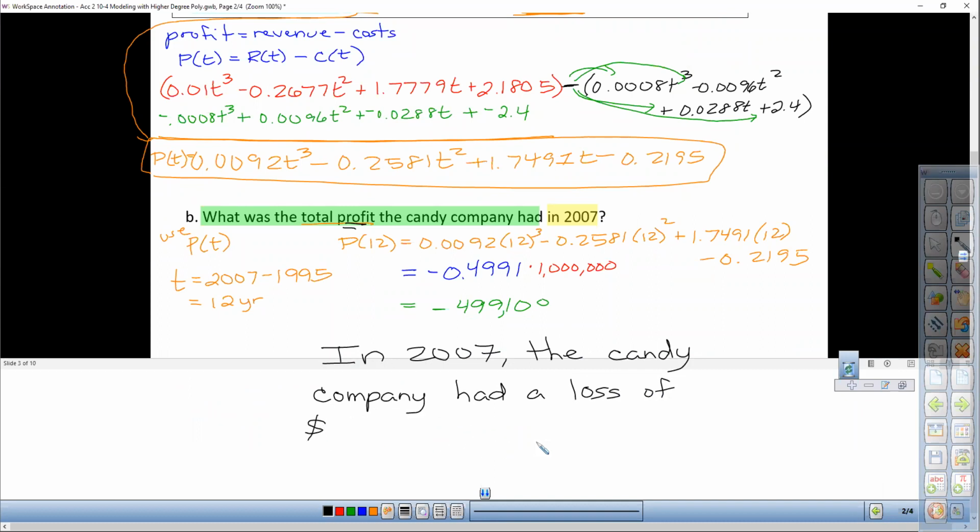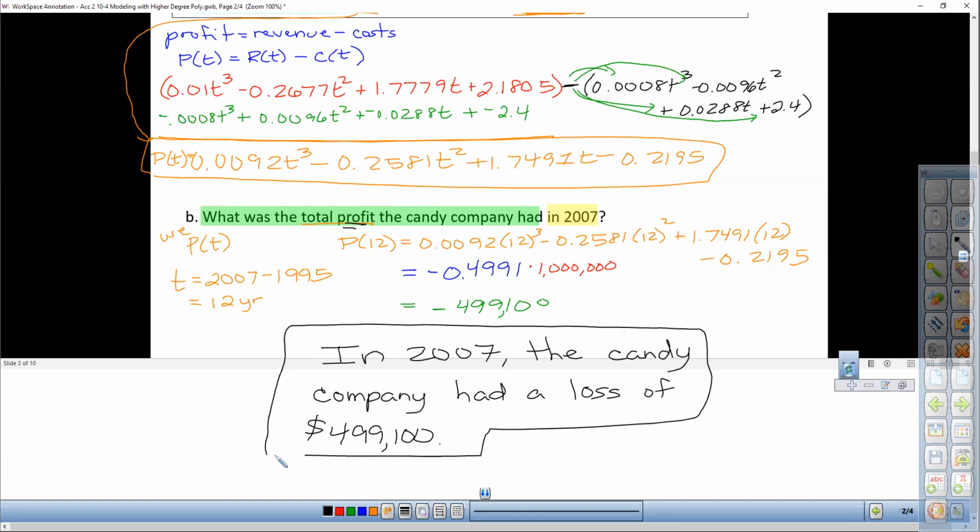Some of you, I know you write dollars after the number, and that's okay too, but this is the more common way of showing our money for the United States. So $499,100, like so. All right, that finishes that one up.